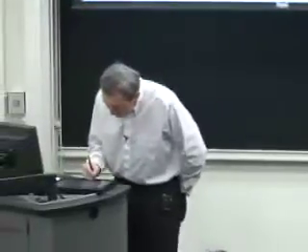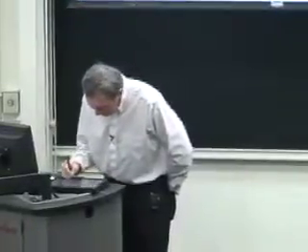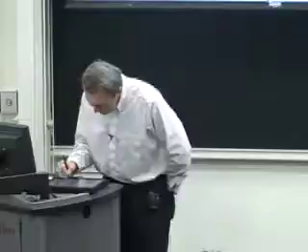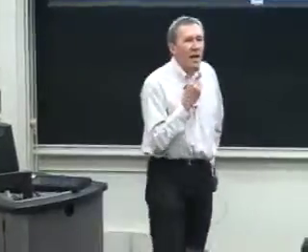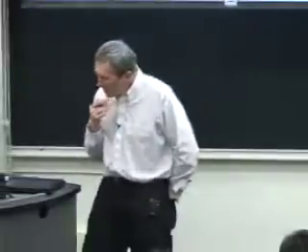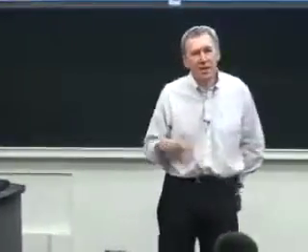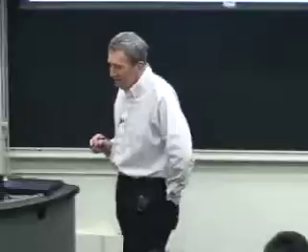So I might draw, here's my x1, that'll be height secretly. And my y's will be y equals 1 means you're a basketball player, y equals 0 means you're not.